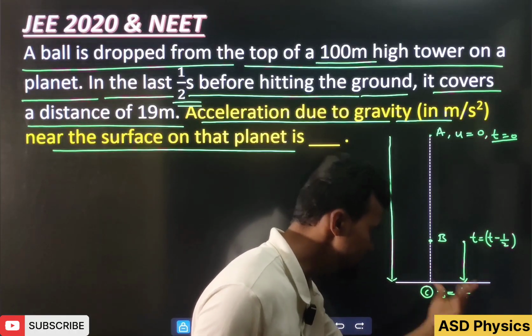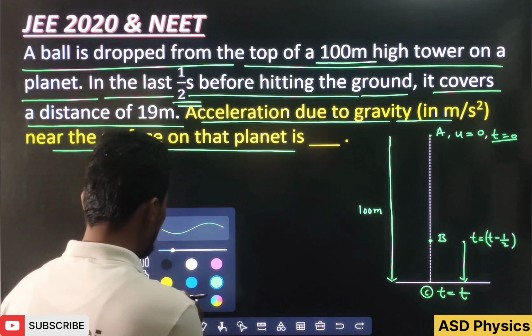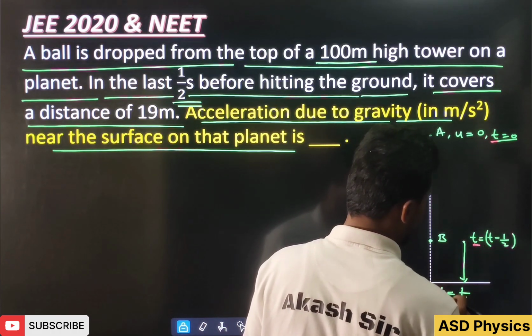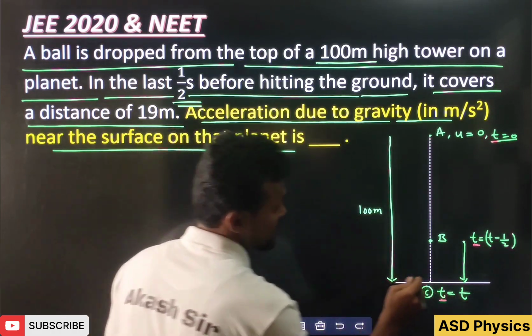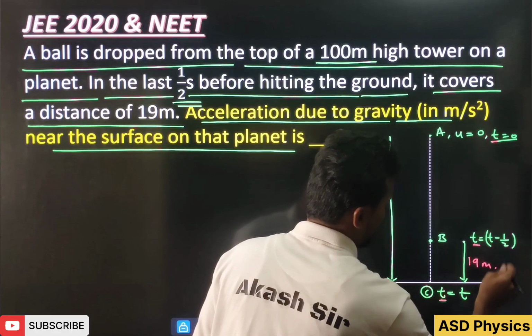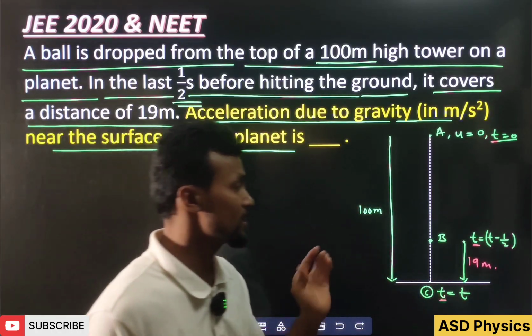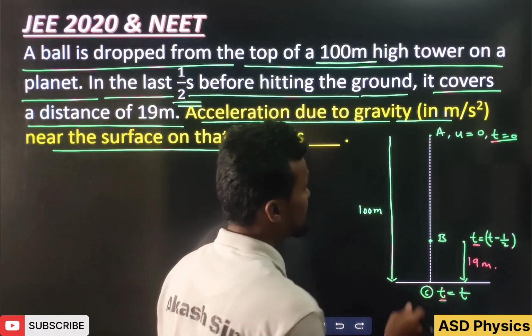One more half second means reaching t. I hope you are getting it very well. This much height is 19 meter. Now the data is very important; without drawing a diagram we can't do it. So 100 minus 19, how much will it come?